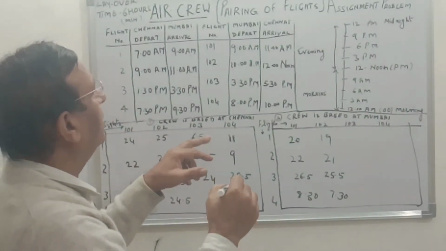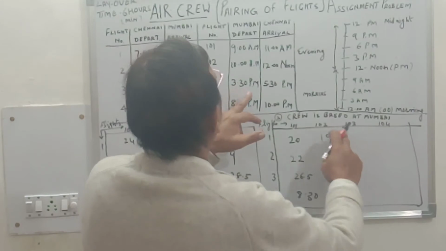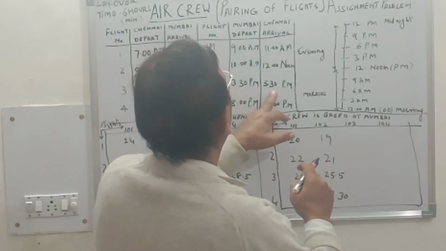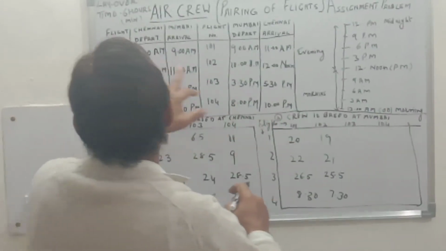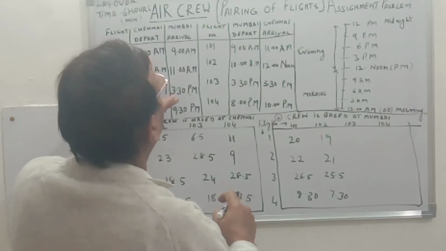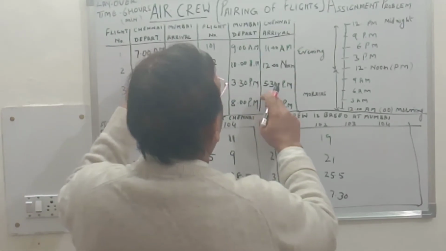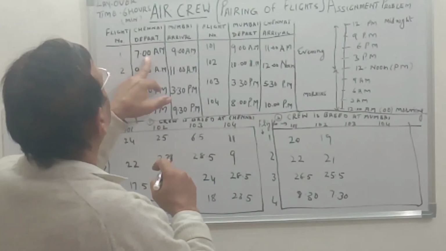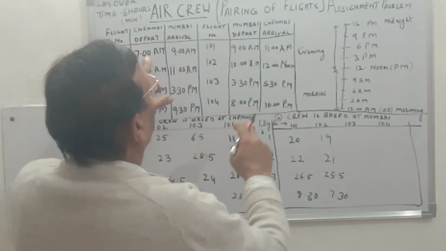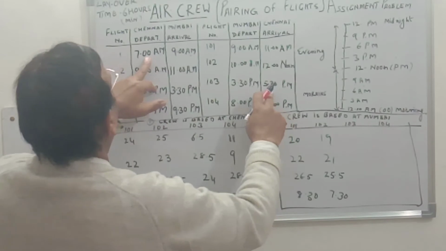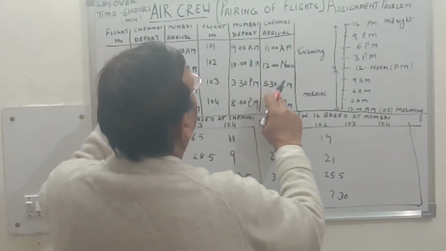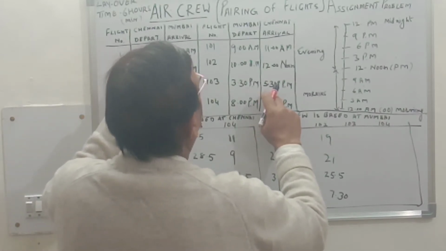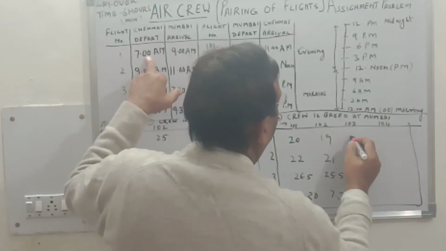Now the flight number 103. 103 arrival in Chennai is 5:30 p.m. Departure in Chennai is 7 a.m. So 5:30 p.m. to 7 a.m., then it is 6.5 plus 7, 13.5.